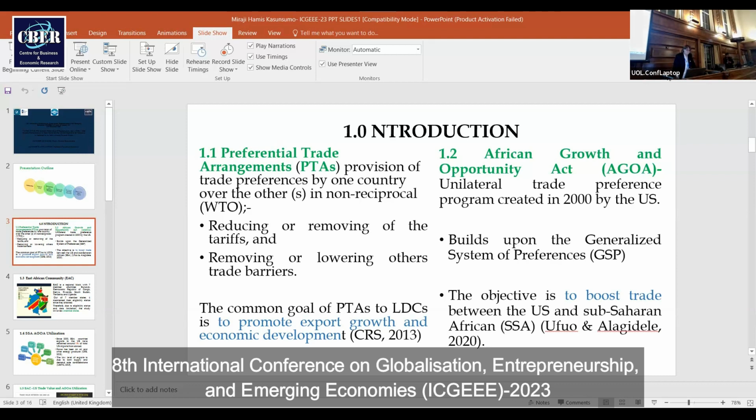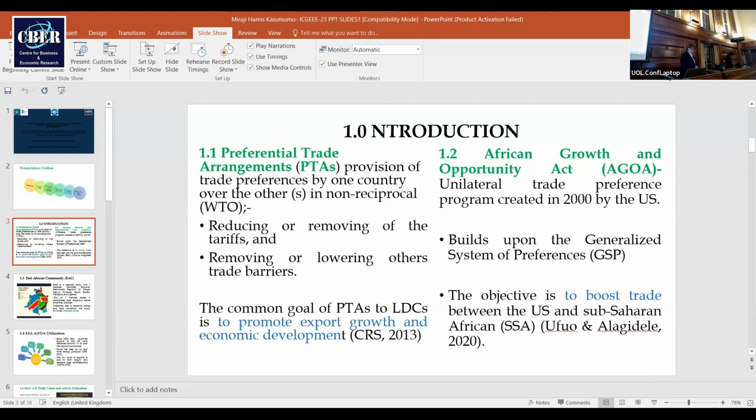AGOA built upon the GSP. That means it is an extension of the preferences already provided under GSP. So AGOA extends the tariff lines and the product coverage of the GSP. The objective of AGOA is to boost trade between the US and sub-Saharan African countries.